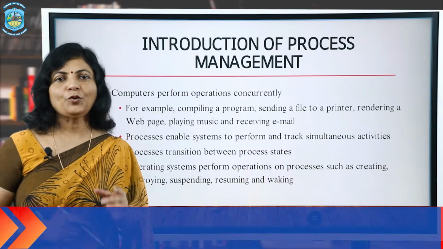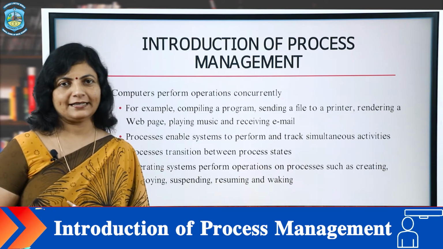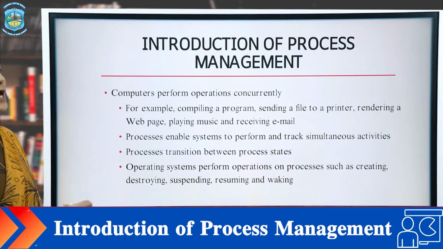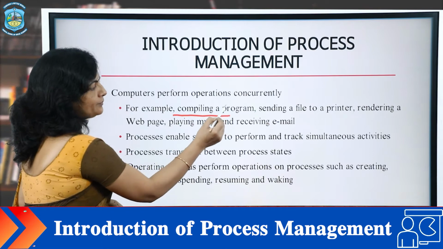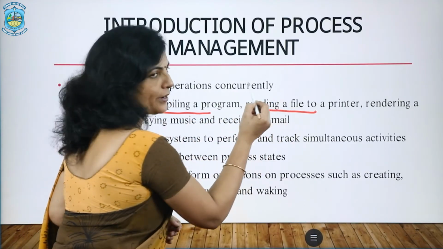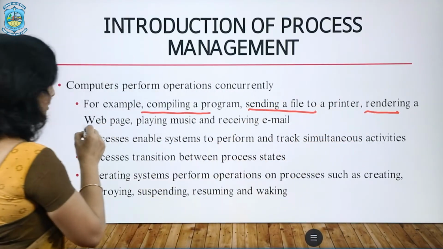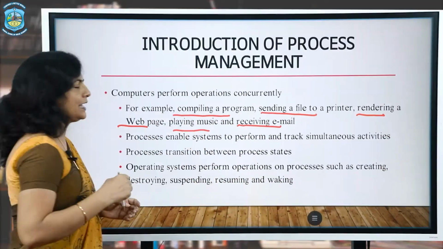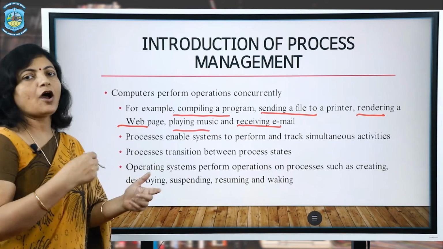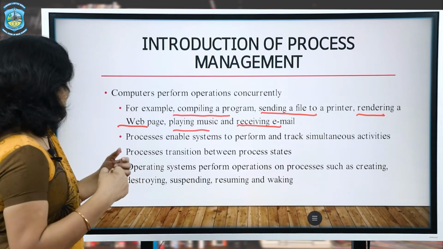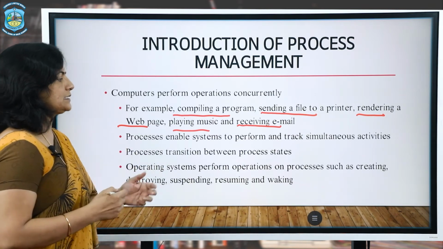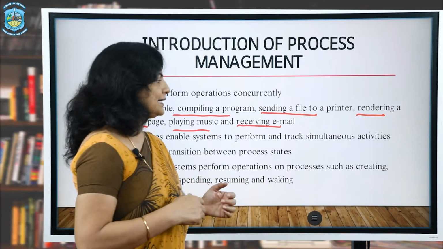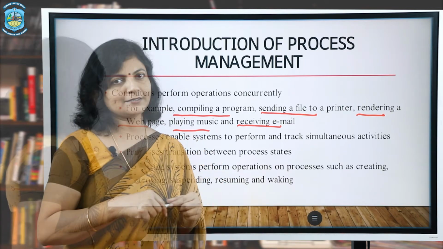You know that a computer performs tasks concurrently. For example, compiling a program, sending a file to a printer, rendering a web page, playing music and receiving email. It performs all these tasks concurrently. Processes enable systems to perform and track simultaneous activities.